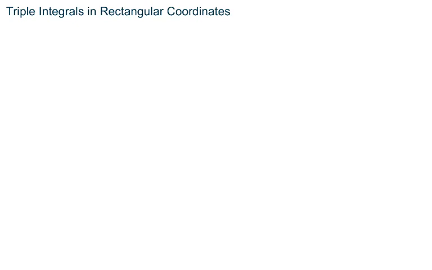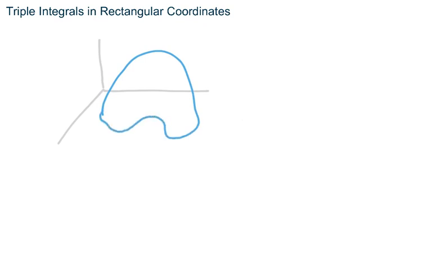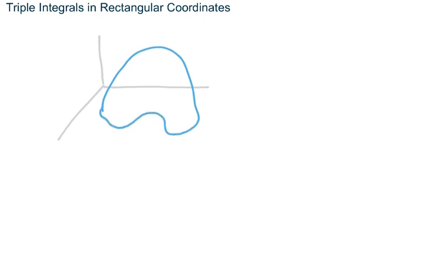So we found volume that way. Now we are going to think about finding volume. Maybe I've got this little blobby thing here, and this is D. This isn't a surface, this is a 3D region or a closed solid. So D is a closed solid. It's a 3-dimensional region.